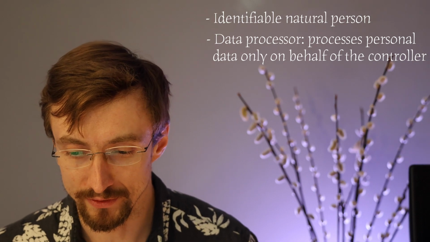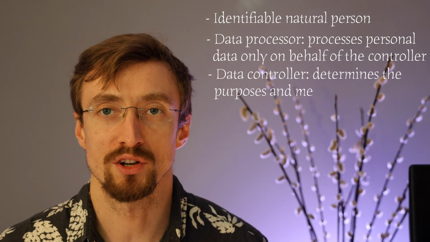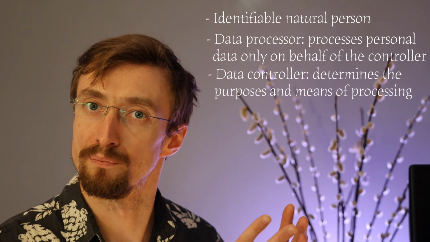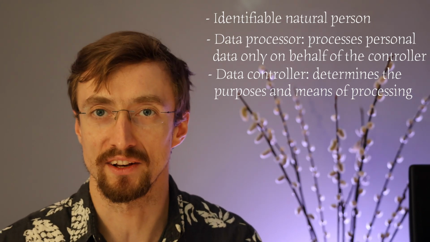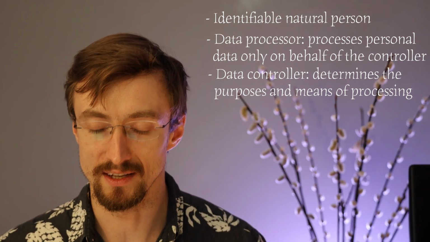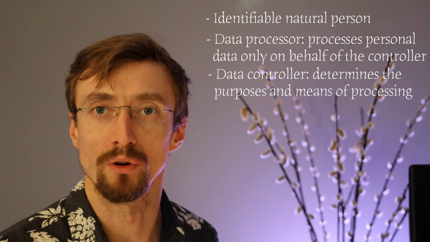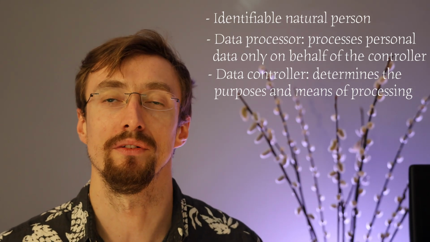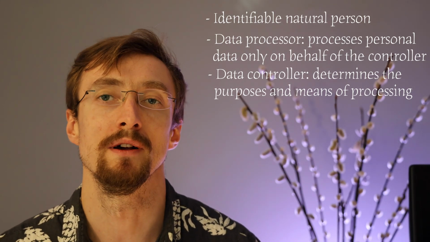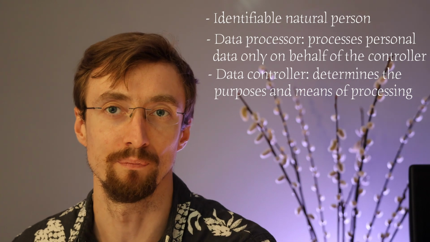And also, of course, the data controller. So actually the company which is collecting the data about a particular person or persons in general, and afterwards maybe provides it to the processing units or entities. So those are kind of the main parties here.